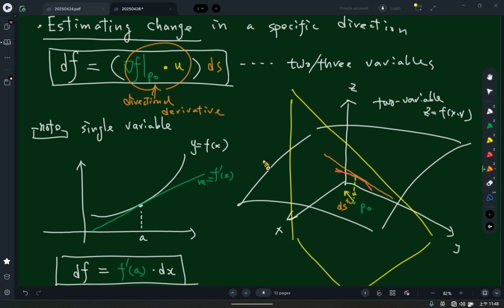Of course it will be like the directional derivative times a small change ds. Because in this case we have several directions. If the direction is far away, that will be totally different, right?